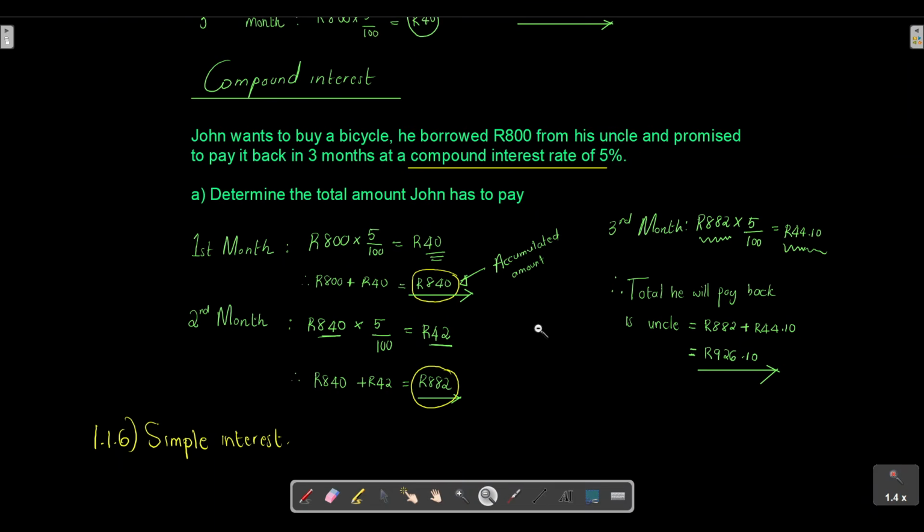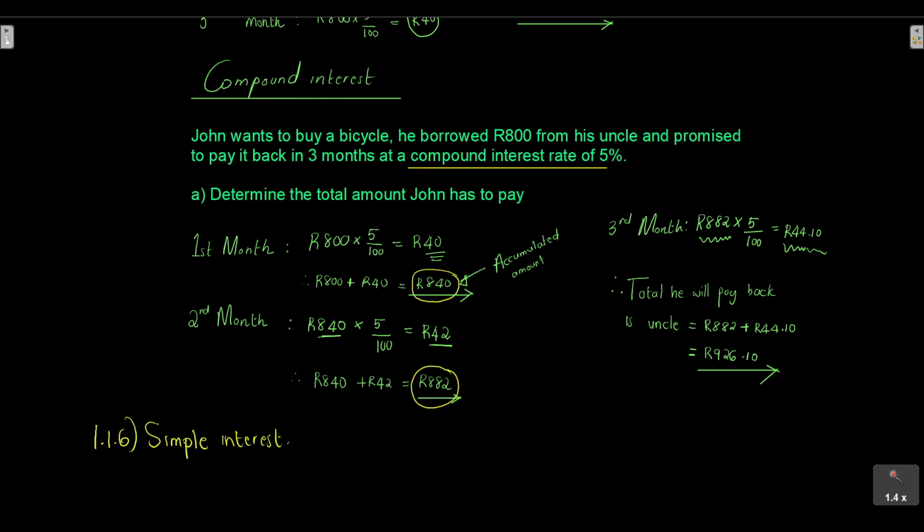John borrowed 800 rand from his uncle, to pay it back in 3 months at an interest rate of 5%. We can add to this that it was compounded monthly. So they calculate the interest on the amount that he borrowed from his uncle every month.